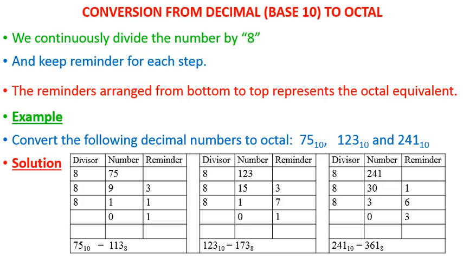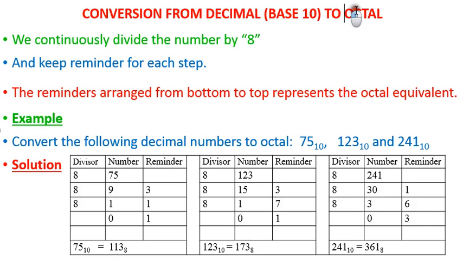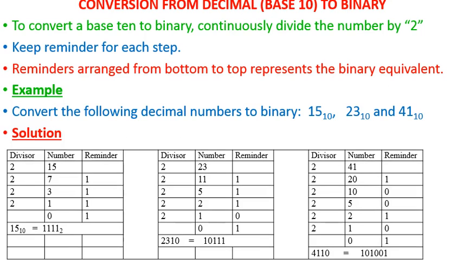So now we are going to look at how to convert from decimal, which is base 10, into base 8, which is an octal number. I have shown you how we can convert from base 10 to base 2 by successive division with what? 2, which is the base we are converting to.